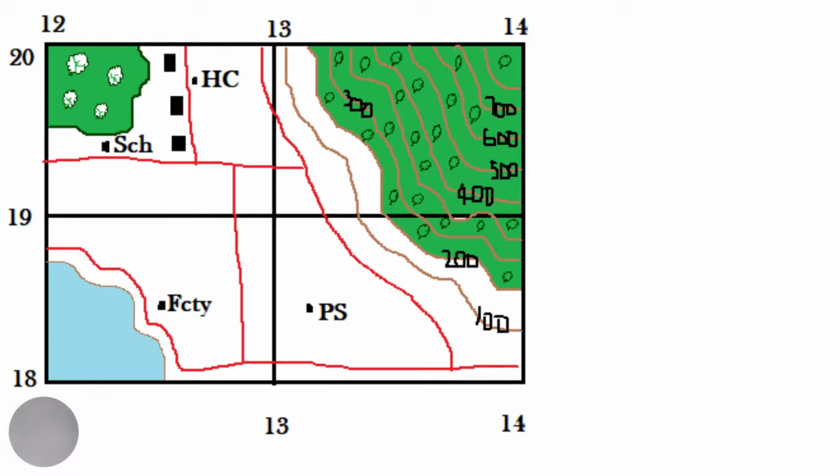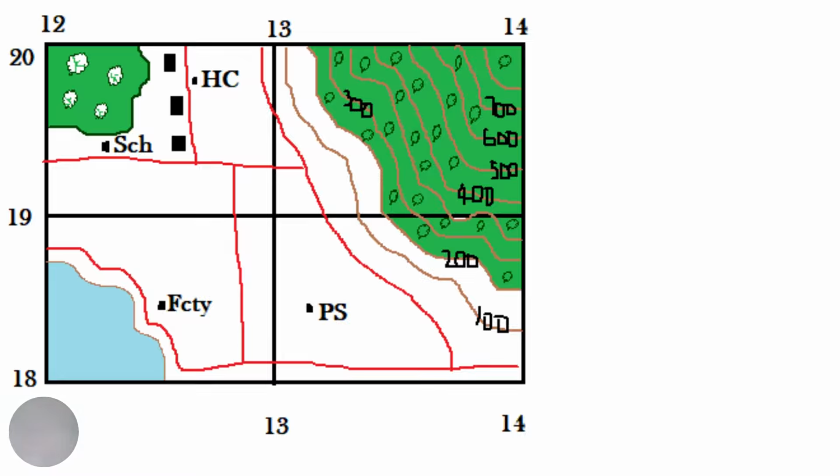All right, so let's look at this map. If we notice, we are seeing two types of vegetation. To the northeast section of the map, we see an area of forest, and this area is along a hill slope.